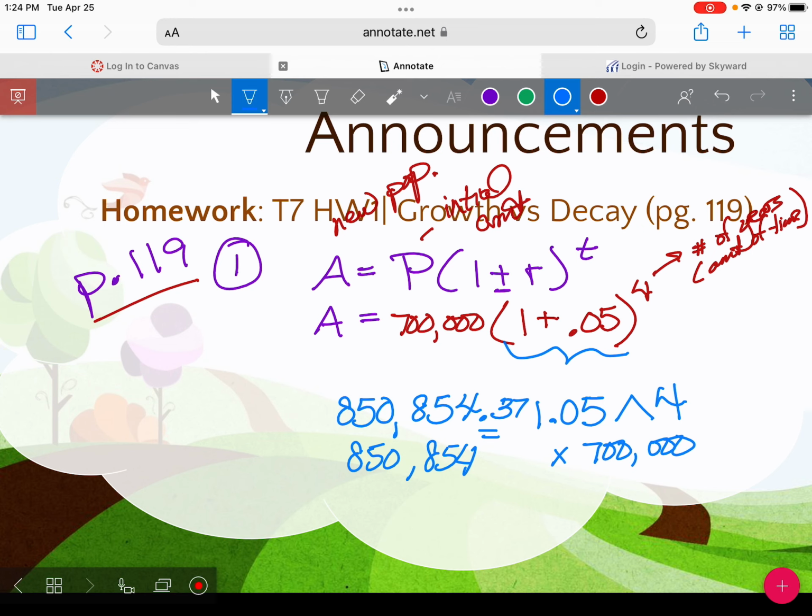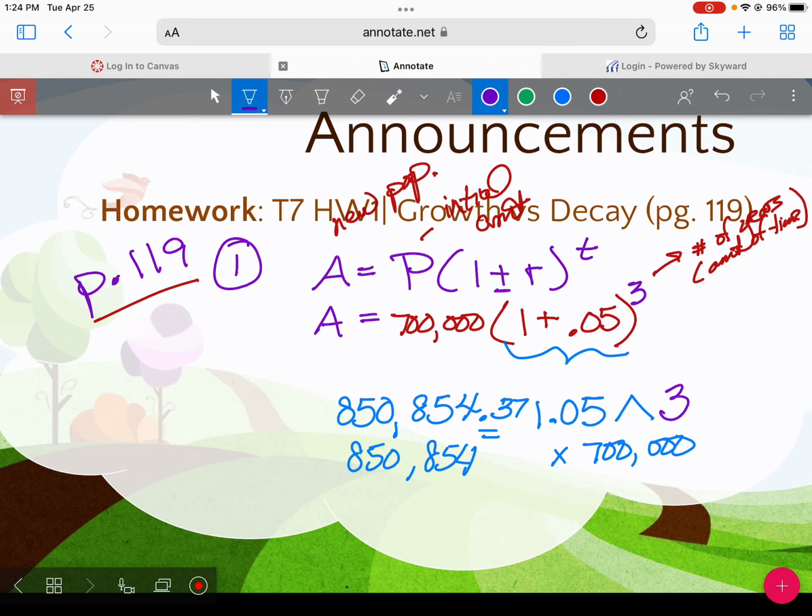Let's change it to 1, 2, 3. Instead of 4, let's do the 3rd year, because I should have the 3rd year. So that's 1.05 raised to the 3rd power. Wow. 810,357?